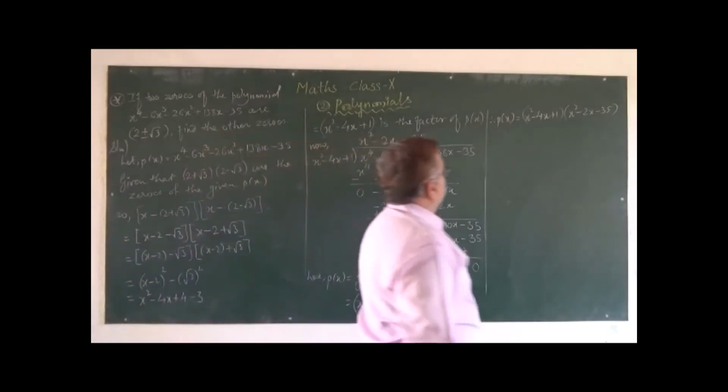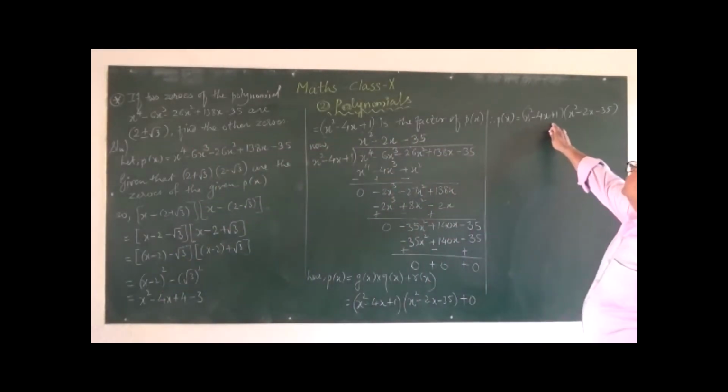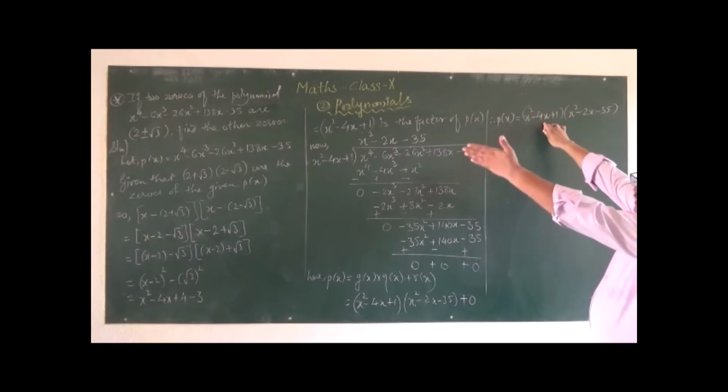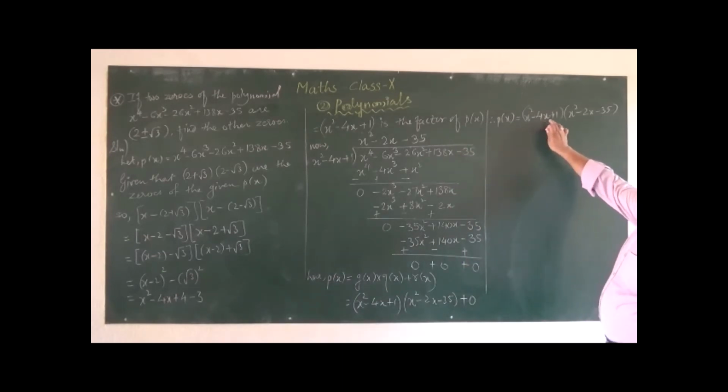So this can be written as x square minus 4x plus 1 into x square minus 2x minus 35. How did we get this? We saw it in the beginning by simplifying. So you have to factorize this to get your two more zeros.